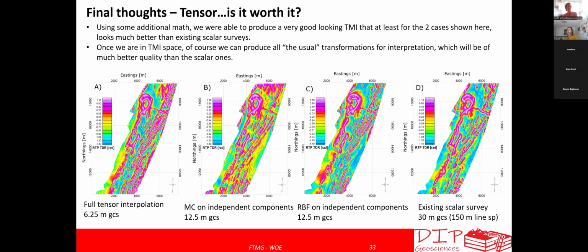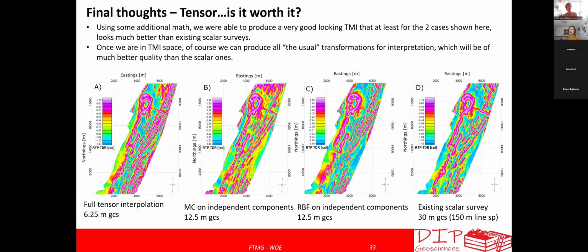So the final thoughts are, is it worth flying tensor data? What I have done here is to go from tensor components to total field. And once I produce a very clean total field, I can go into the standard interpretation products. In this case, I'm showing a tilt derivative.